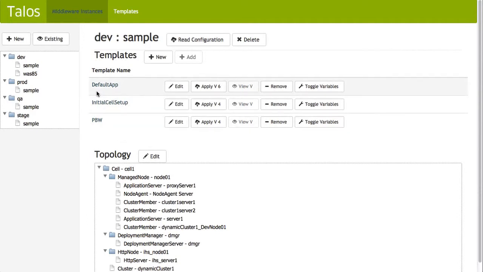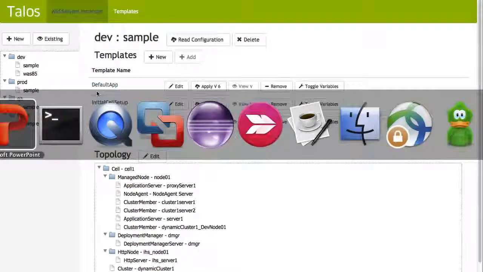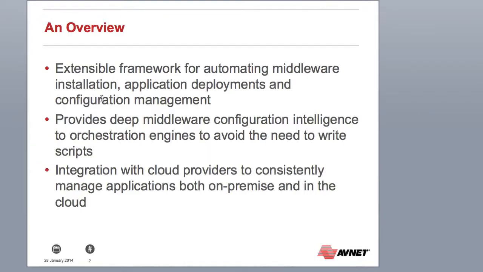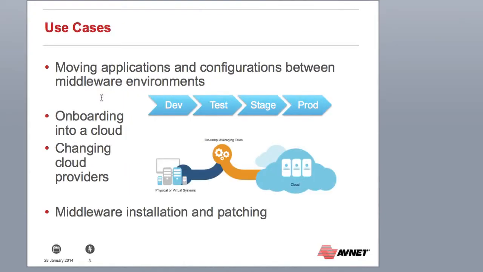Okay, so hopefully this provides a high-level introduction to Talos and what Talos is composed of. So we talked a little bit about what Talos is and the high-level use cases that Talos supports. The biggest one being consistently promoting application configuration across the SDLC and onboarding and managing your middleware in the cloud.